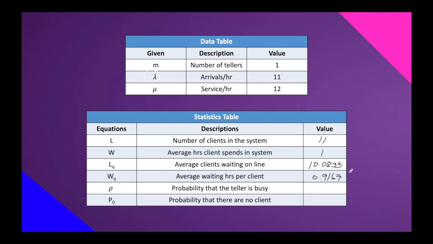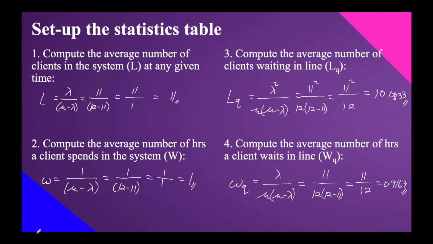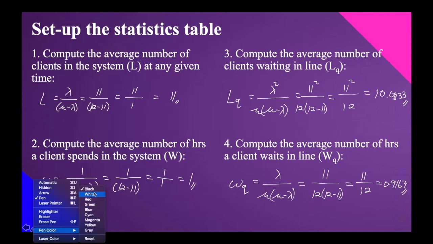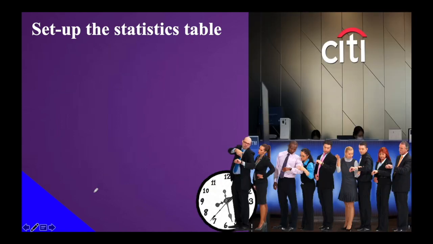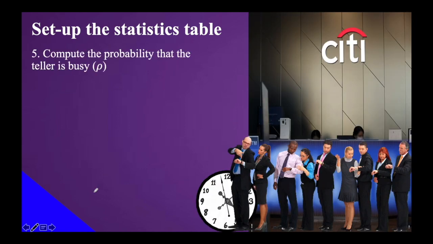Okay, so last two. Probability that the teller is busy. So let's have our pen. Right? So probability that the teller is busy, number 5, i-compute po natin. So for this number 5, we have here the formula for rho equals lambda over mu. Our lambda is 11 and this is over 12, the mu.